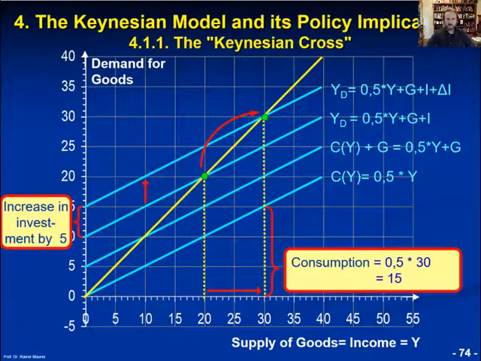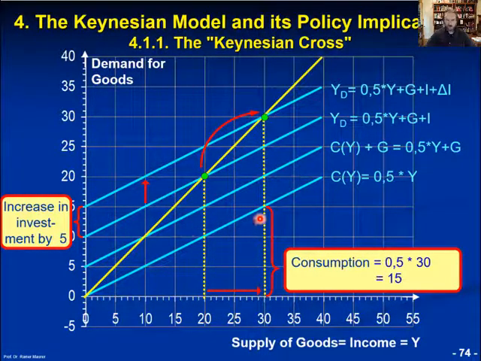Consumption demand equals the consumption ratio of 50% times 30 units GDP, what equals 15 units consumption, the length of this line segment here. The length of 3 little quads corresponds to 15 units.